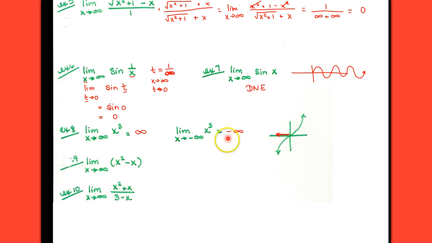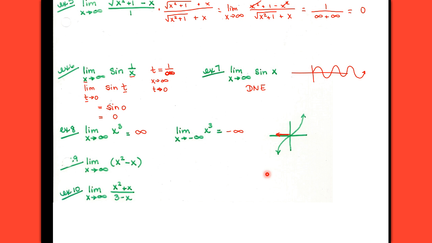So I do have to consider the sign and the value. But in this case, again, if I'm thinking of x cubed, a negative cubed is negative, and so that's why our answer was negative here. And sure enough, if we think about the graph, as x goes to negative infinity, my graph is going to negative infinity as well.